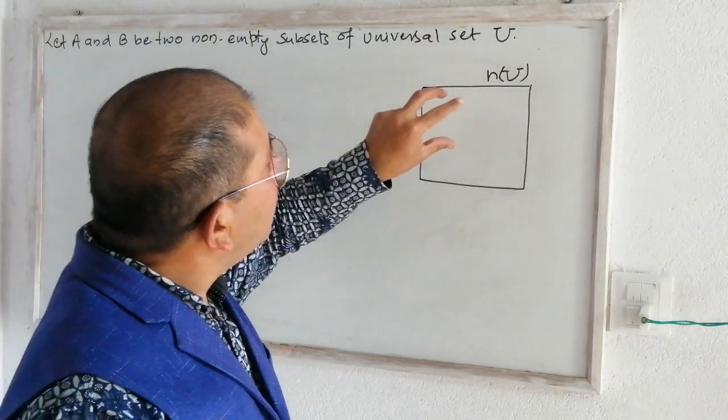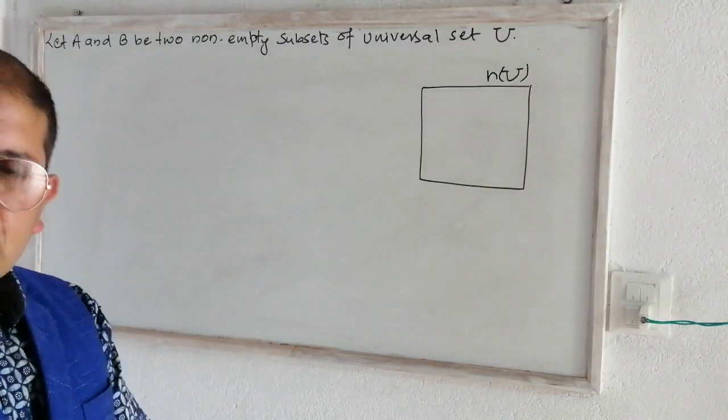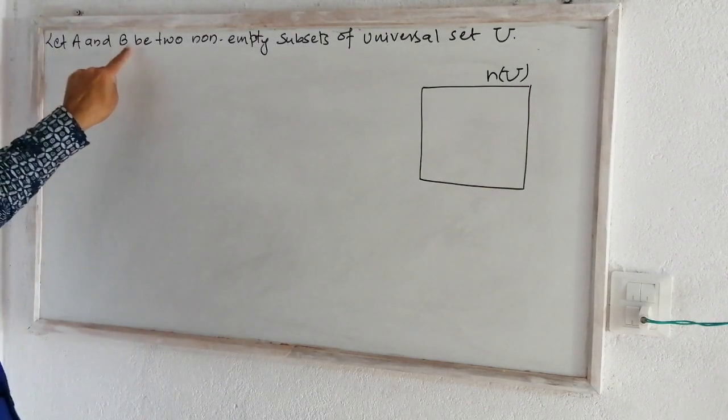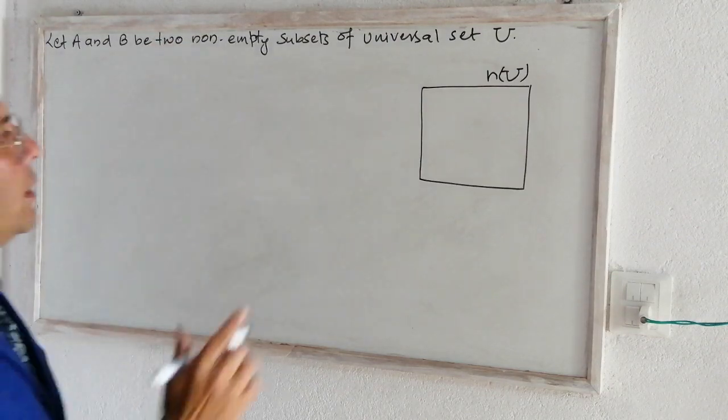How many elements are there in universal set U? It is n of U. And we take here A and B as two subsets.